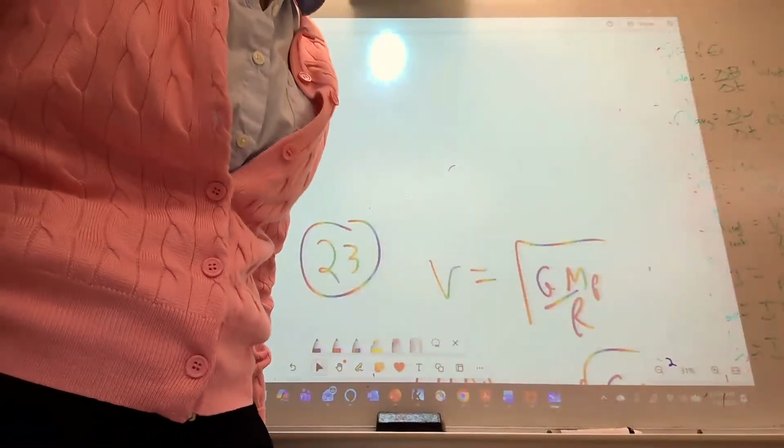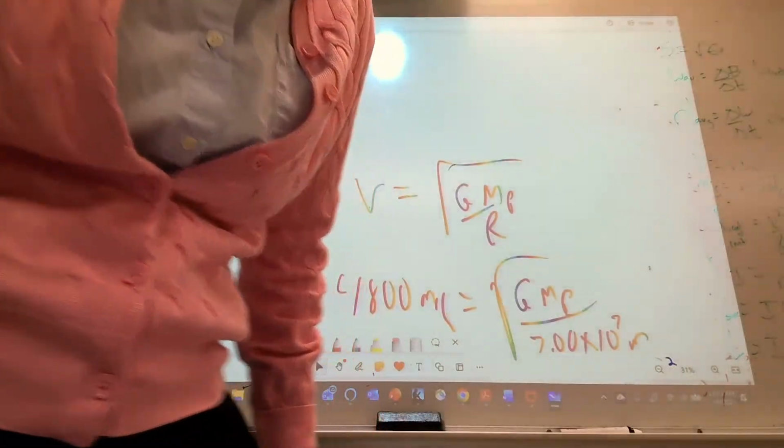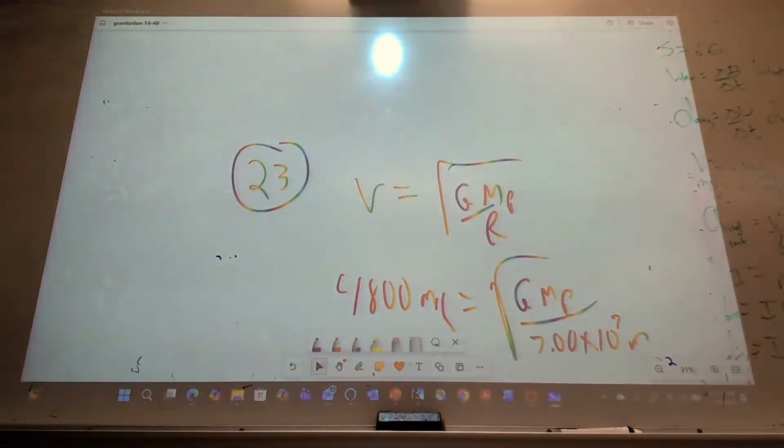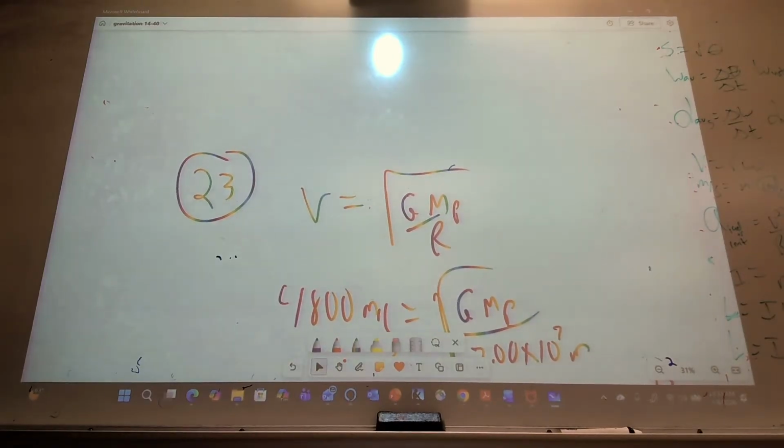So we're plugging in, 4,800 is equal to the square root of GM divided by 7.00 times 10 to the 7th. So we square both sides of the equation. Isolate your mass of the planet.